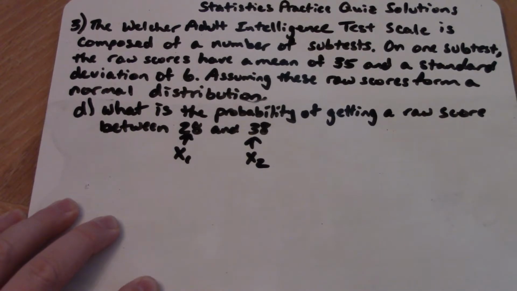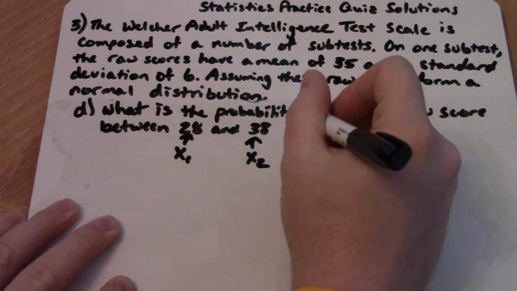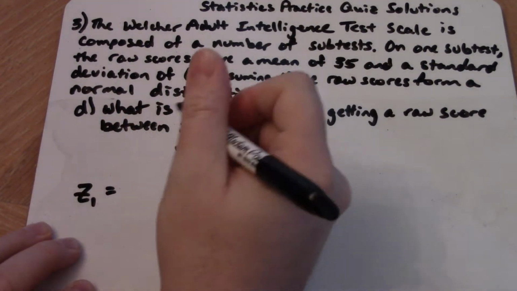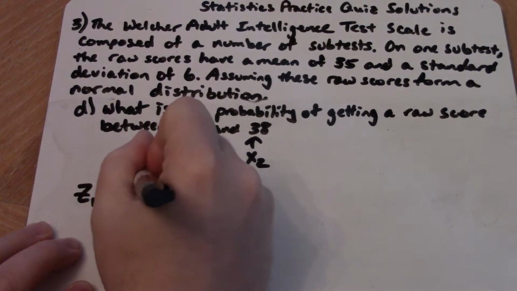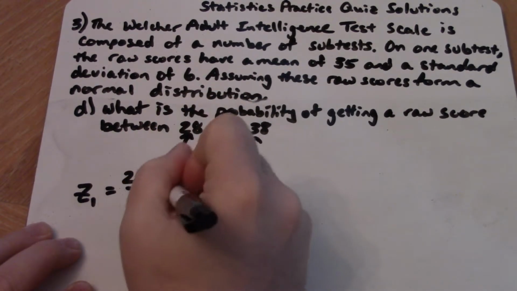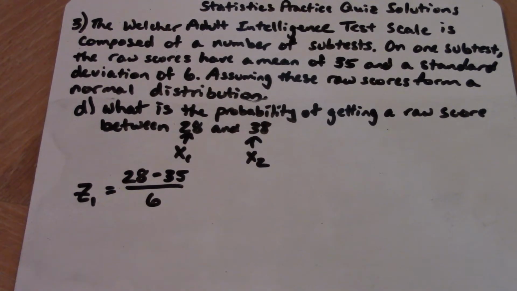And what we have to do is convert both of them into z-scores, and then take those z-scores, look them up on the chart, and finally subtract them. So we'll call those z-scores z1, which will compare to x1. That would be 28, which is x1, minus the mean of 35, divided by the standard deviation of 6.